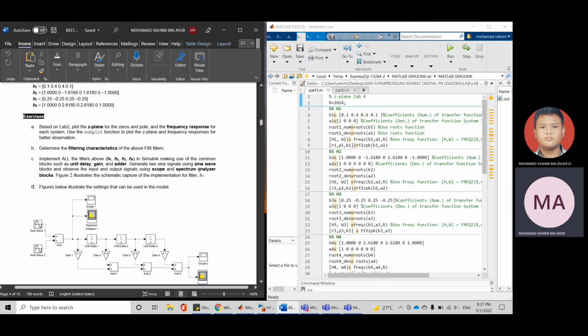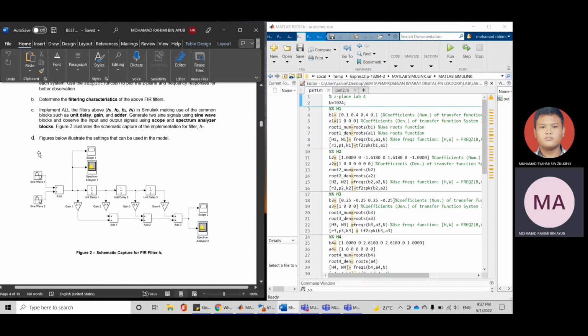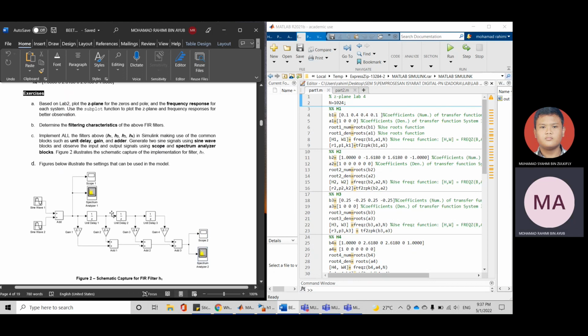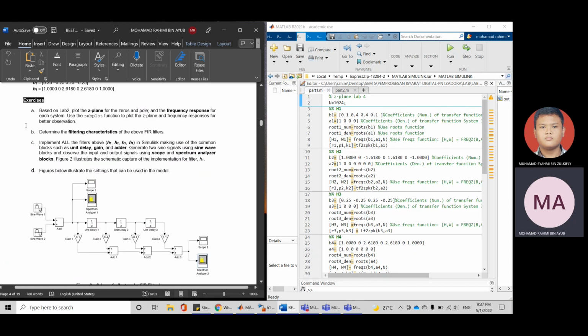Generate two sine signals using the sine wave block and observe the input and output signals using the scope and spectrum analyzer block. The diagram will be like this for C. I will go through A first.